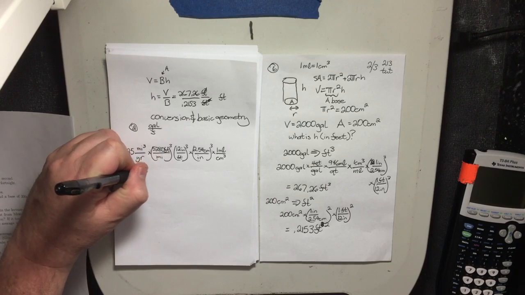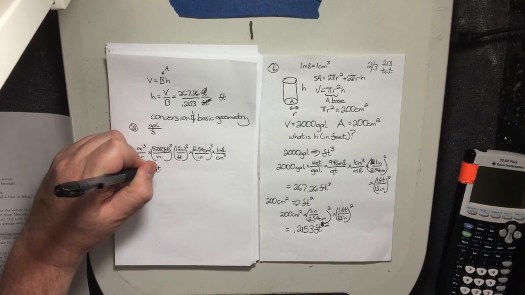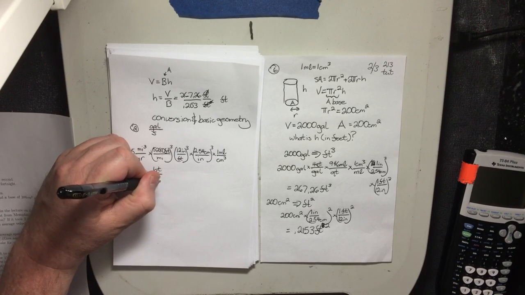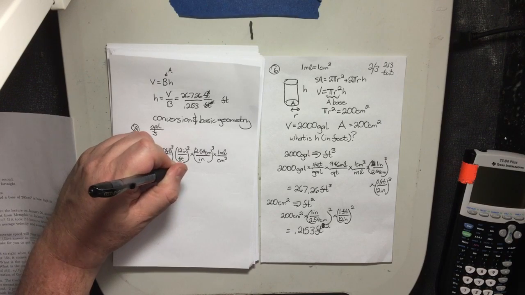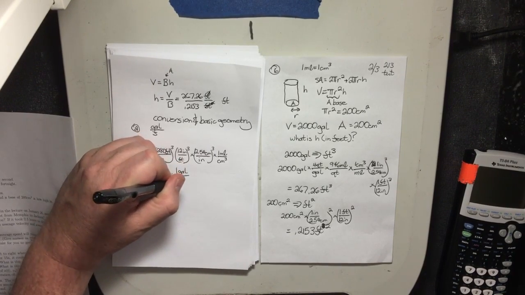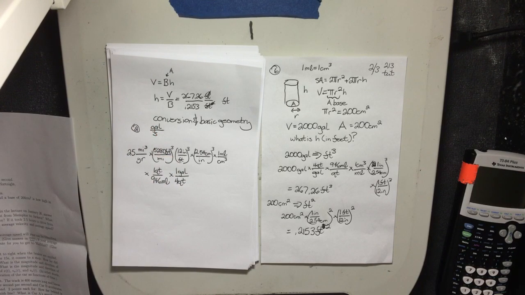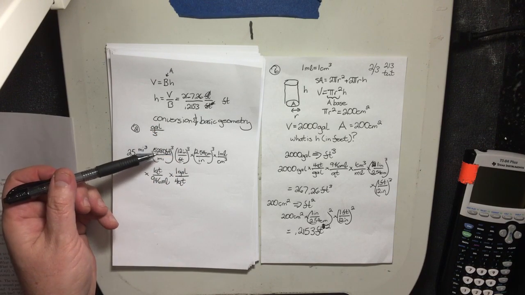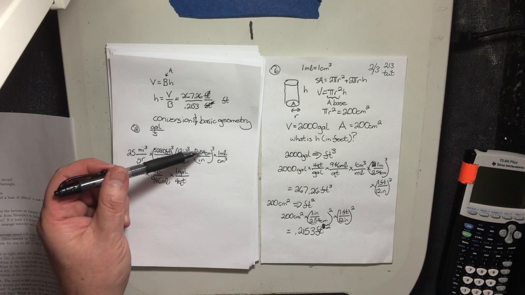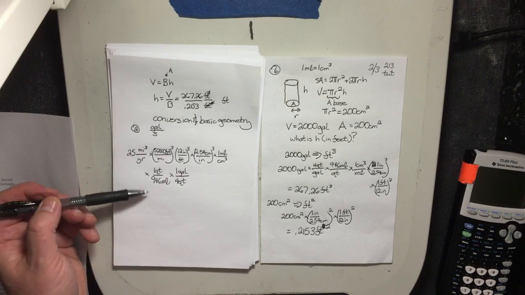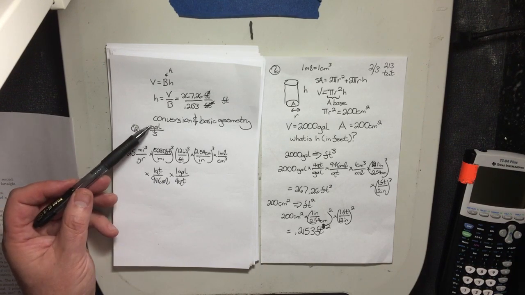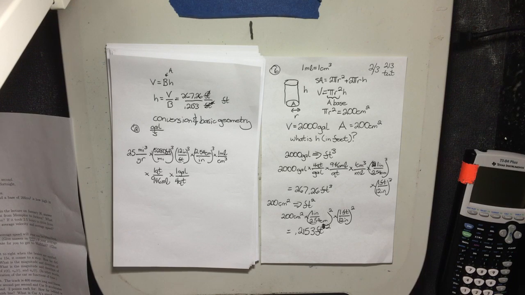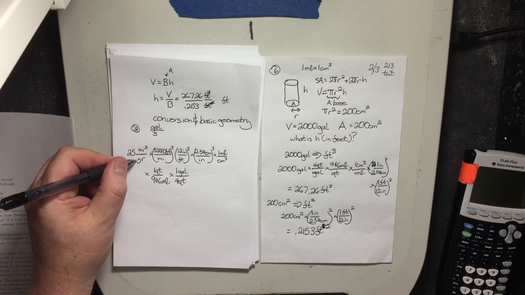I then multiply it by 1 quart per 946 milliliters, 1 gallon per 4 quarts. And so if you take 25 times 5280 cubed, 12 cubed, 2.54 cubed, and divide it by 946 times 4, you've converted cubic miles to gallons. It's going to be a big number. Well, I'm not sure if it's a big number or not. The denominator unit is in years.